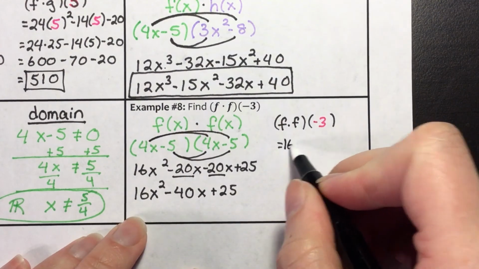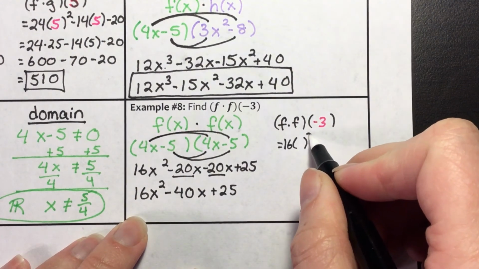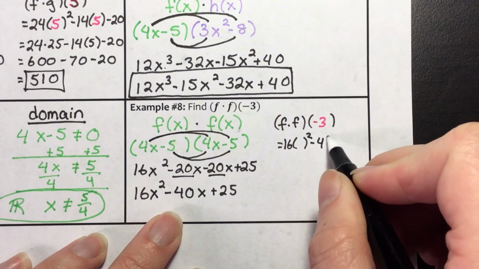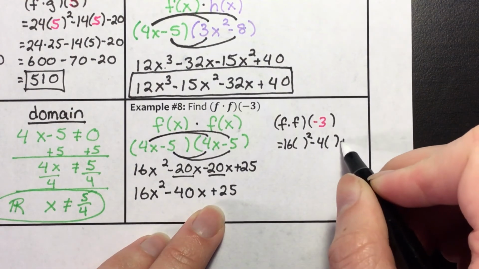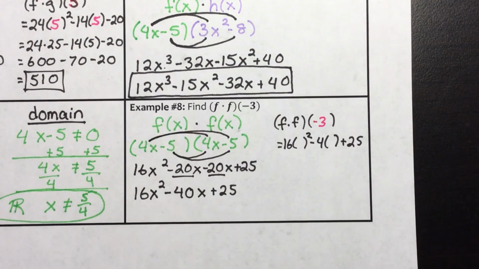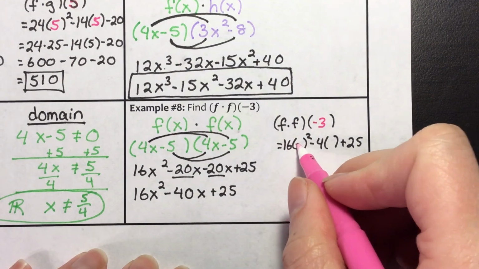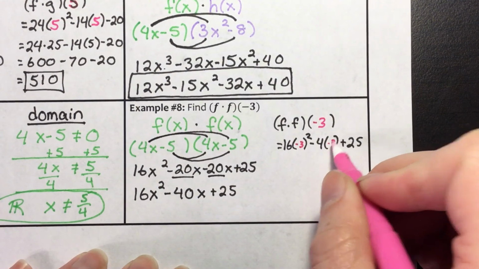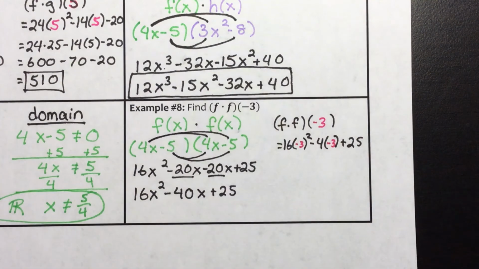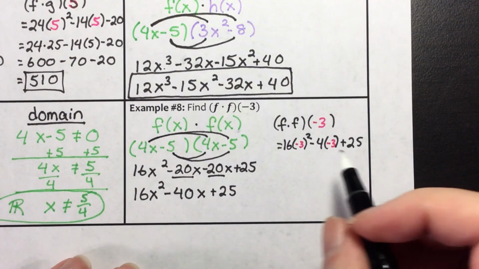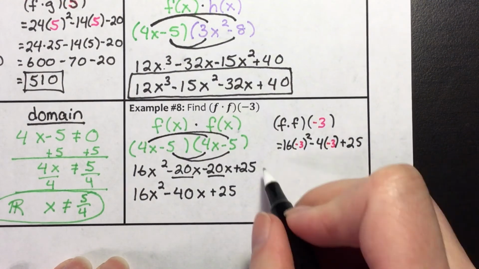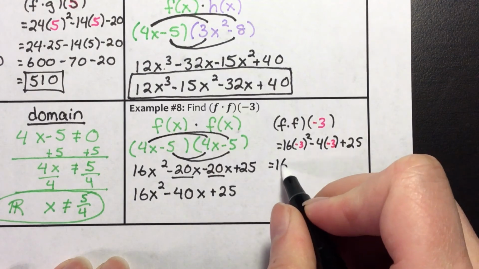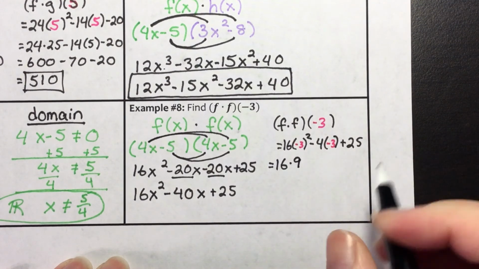So we've got 16 times negative 3 squared minus 40 times negative 3 plus 25. Everywhere we saw an x, we're putting in negative 3. For PEMDAS, the first thing you do is square. So negative 3 squared is positive 9.